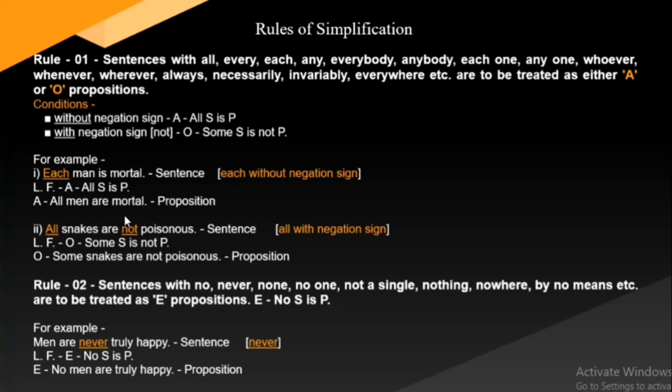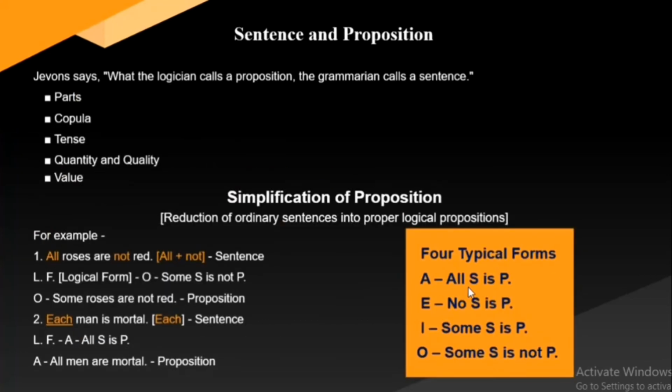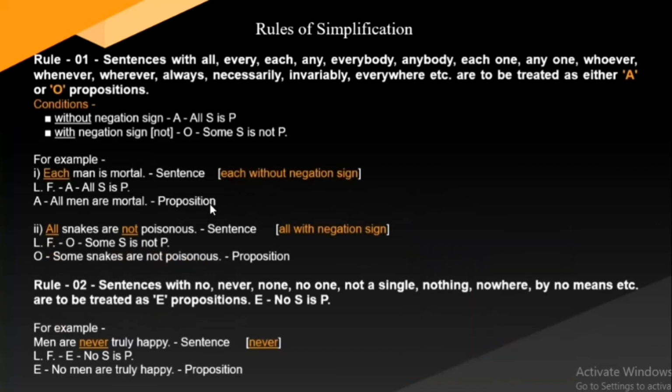Consider another example. All snakes are not poisonous. There is no form like all S is not P. There is no form like all snakes are not poisonous. This sentence contains a word of rule 1, all, and with negation sign, with negative particle not.